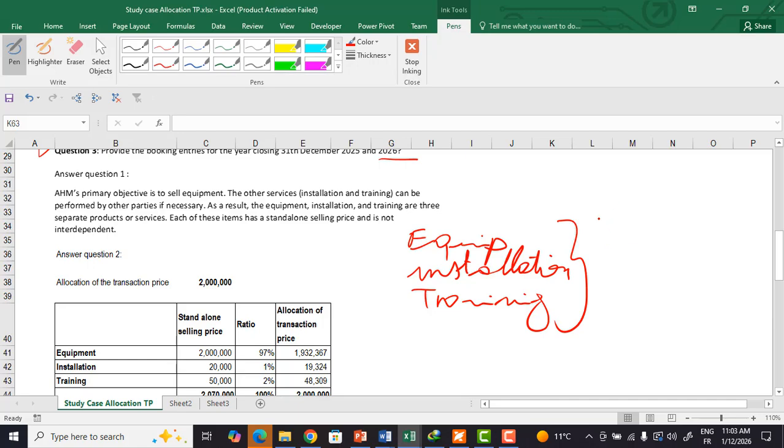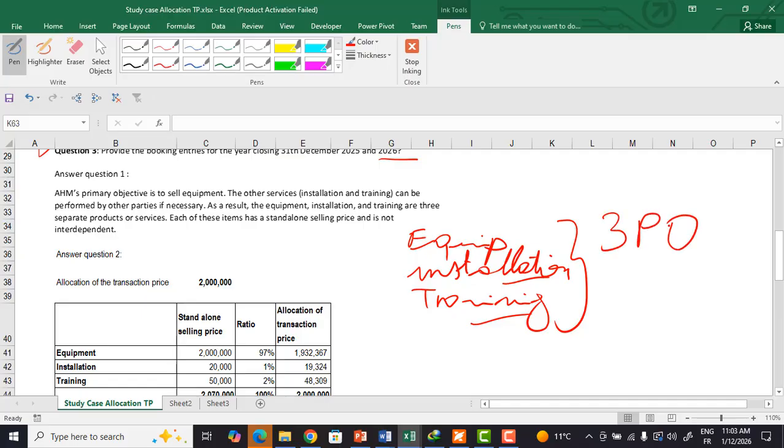These three services are independent, because the installation and the training can be done by many vendors. So here we have three performance obligations.